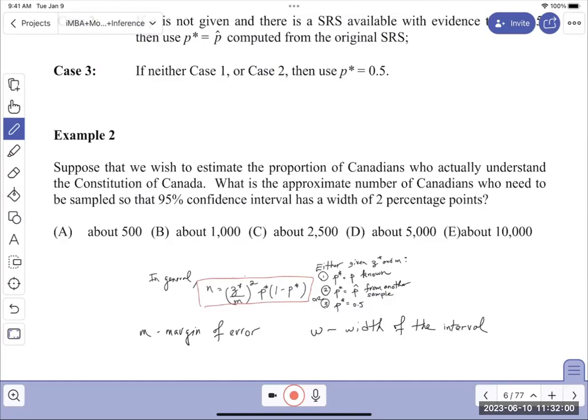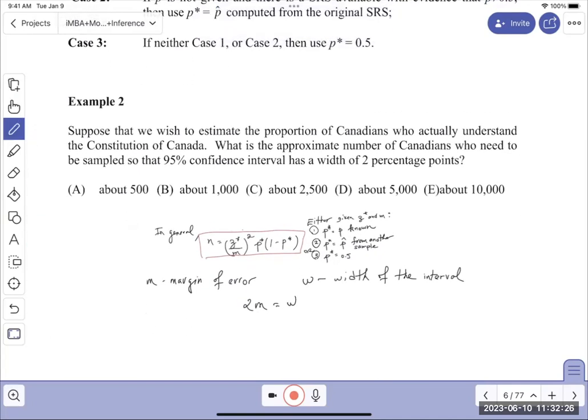The wider the interval, the bigger is the margin of error. Well, there's a direct relationship. Yep. 2M equals W. Two margins make a width. That's the interval. So you're told that the width is 2 percentage points.